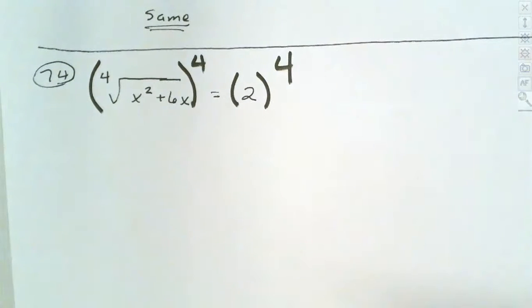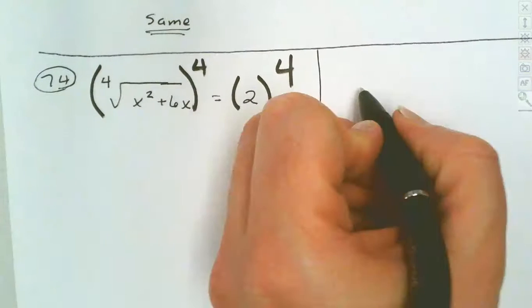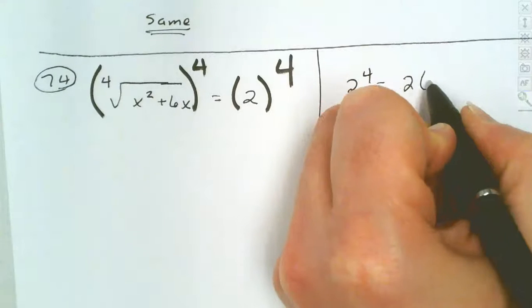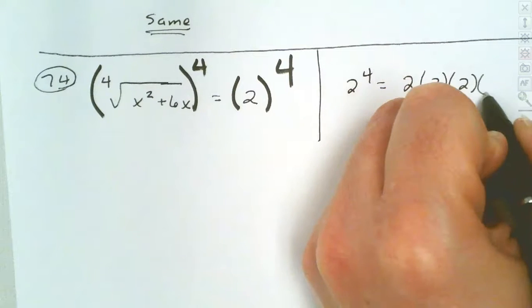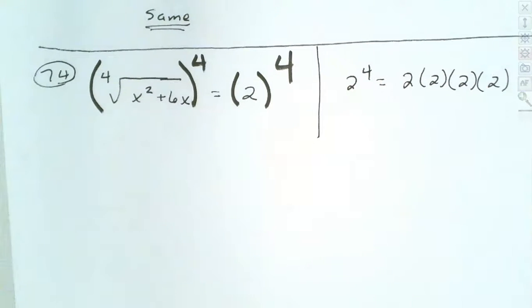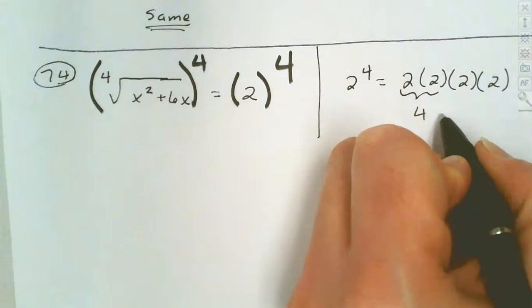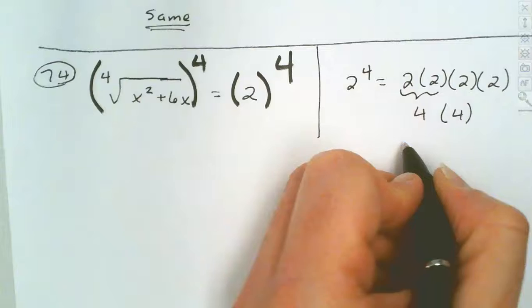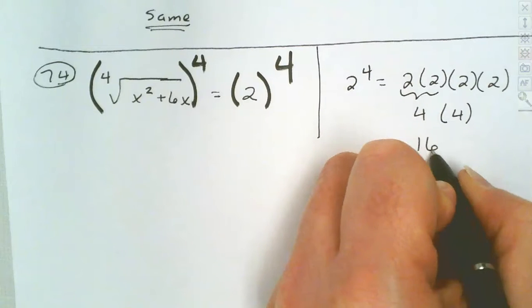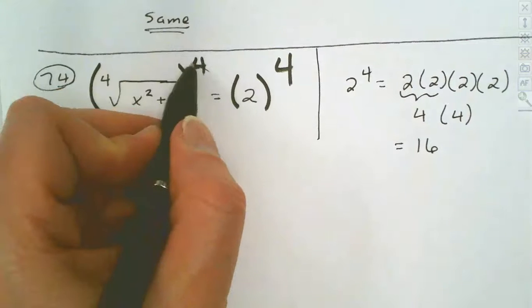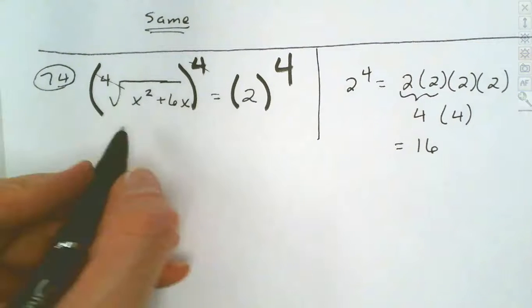So let's go ahead and work out 2 to the fourth. What would 2 to the fourth be? Well, 2 to the fourth is 2 times 2 times 2 times 2, right? And that gives you then 4 and 4, which then makes it 16. That fourth power and that fourth root, they cancel.